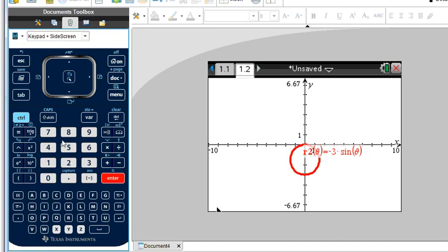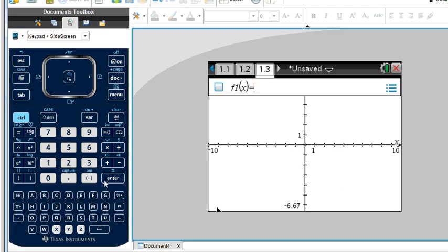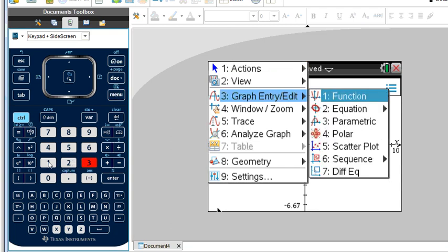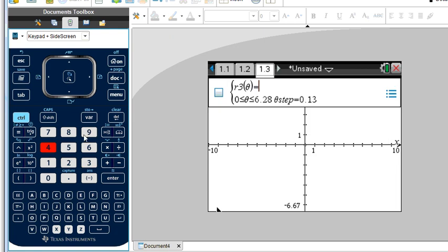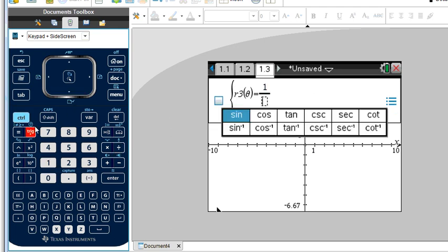So we go over here and we get a page here. Add graph to go to menu. We'll go to graph entry edit, polar. And so we said R equals, we're going to go to 1 over cosecant theta.